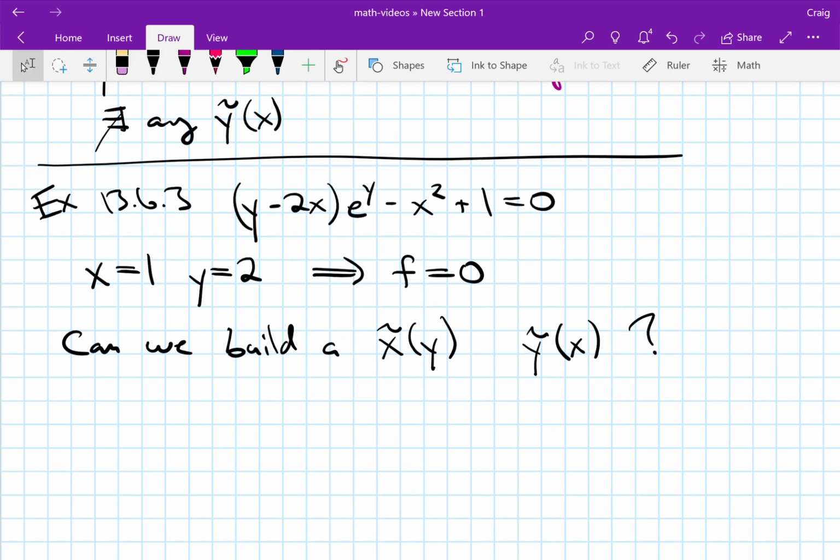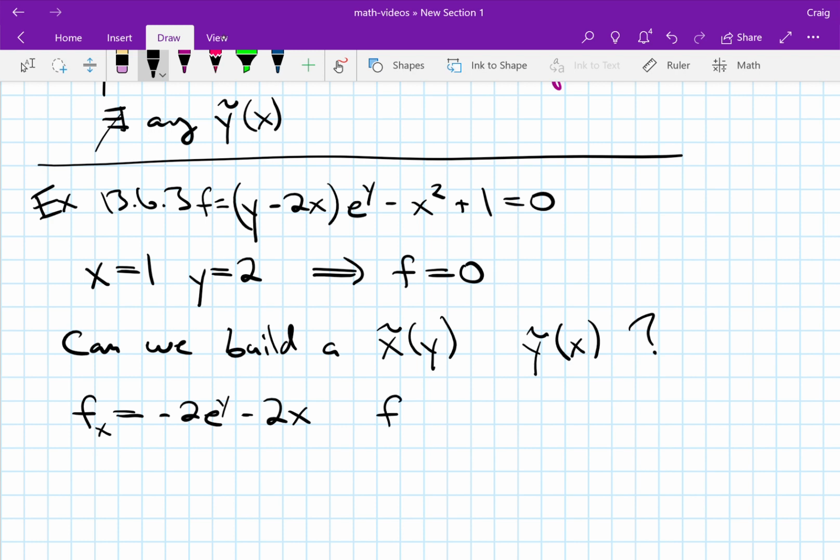Okay, so if I look at the partial derivatives of the constraint function, this is my constraint function f. If I take the x partial of my constraint function, that gives me minus 2 e to the y minus 2x.